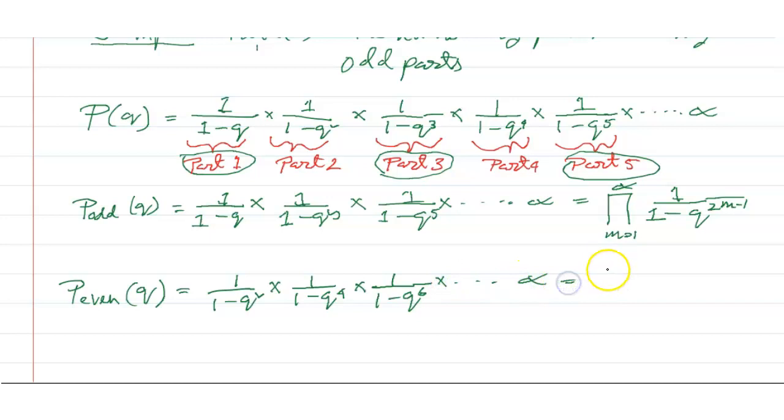It can be written this way, friends: the product for m equals 1 to infinity of 1 divided by 1 minus q to the power 2m.